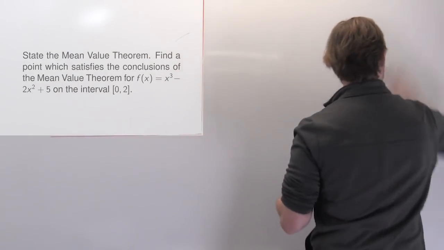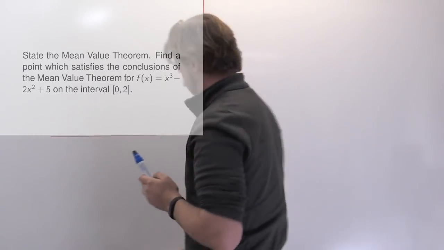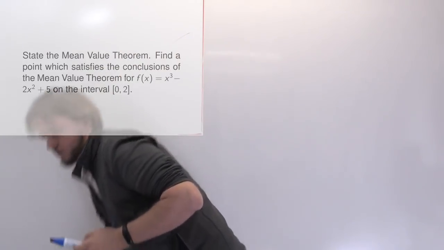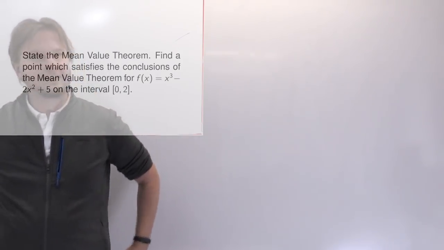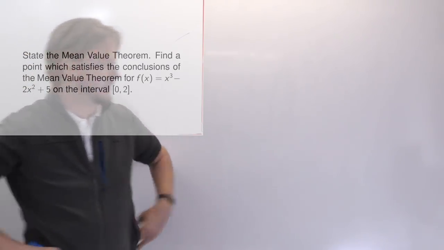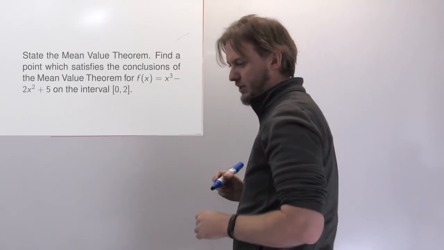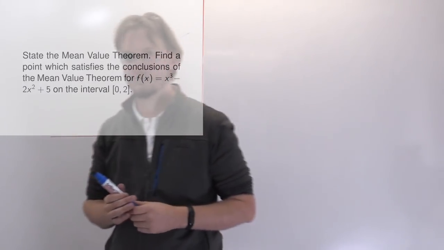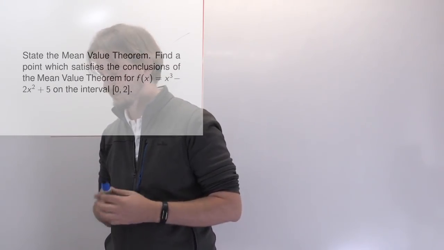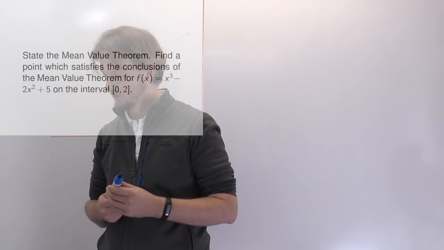Are you going to draw it, Josh? I might give it a try. To be honest, I didn't have quite as much time to do this, so this one's on the fly. Can I draw it? If you like. So it's a cubic.